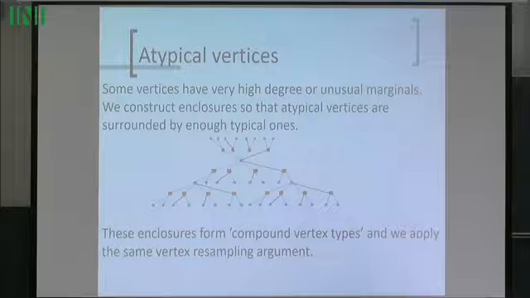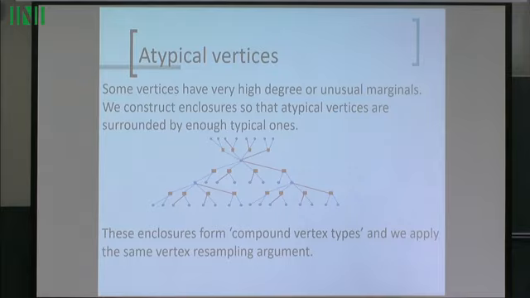Essentially, when we have a very high degree vertex, most of the time it's surrounded by layers of more typical, normal looking variables.